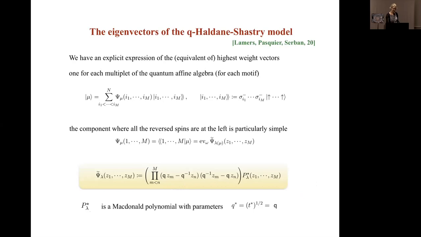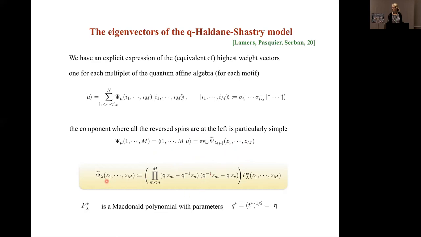Okay, so most of these are things that were known before. Our contribution was to get explicit expressions of the wave functions. The wave functions are indexed by these motifs. The simplest thing is to get the first component of the wave function, where I1 to IM are 1 to M, and then evaluate it at the equilibrium position.